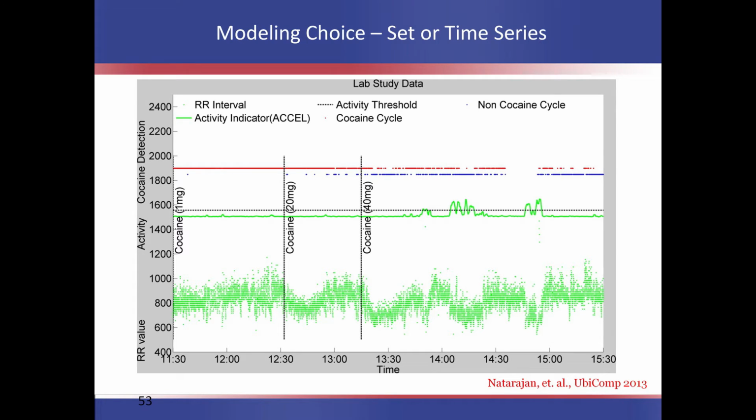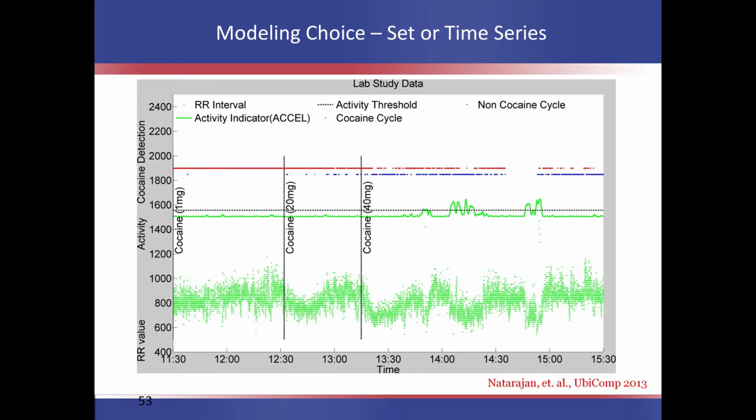Okay, so there has been a recent work also for classifying each ECG cycle as to whether it is of the cocaine class or not, using clean data from the lab. And we see the output of that model here. The red ones denote that the model thinks it is cocaine, and the blue ones mean those are not cocaine.